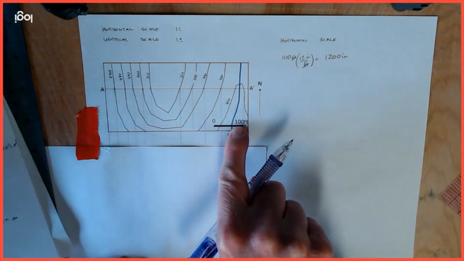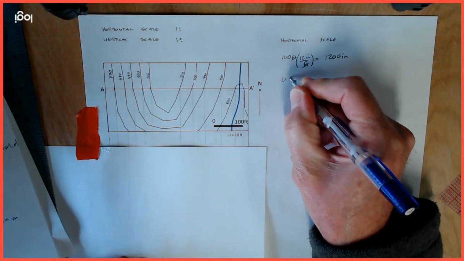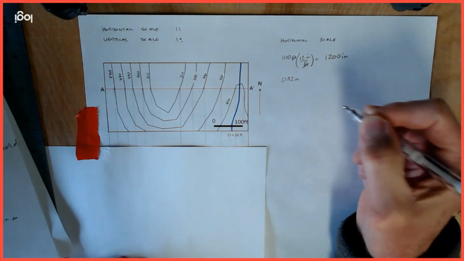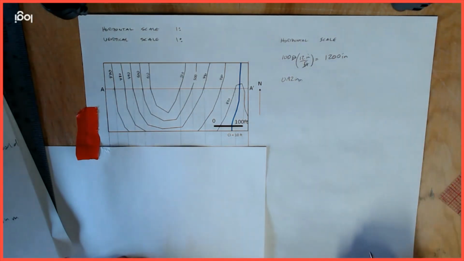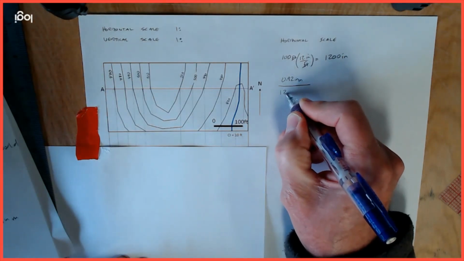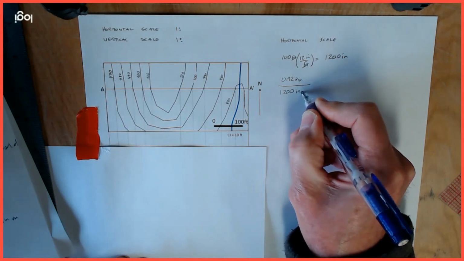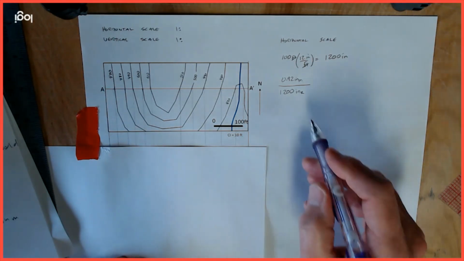We measured this distance here at 0.92 inches, so that means we got 0.92 inches, and I'm going to give that a subscript M. That means inches measured on the map. And that is going to be equivalent to 1,200 inches, subscript R, measured in the real world. And there is our ratio.